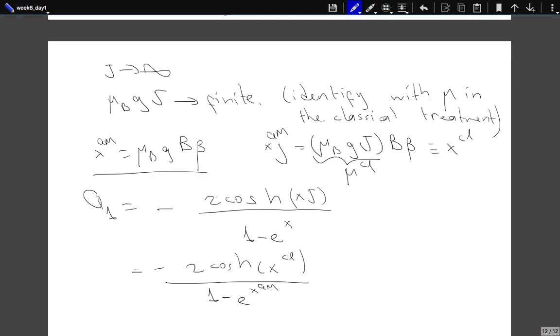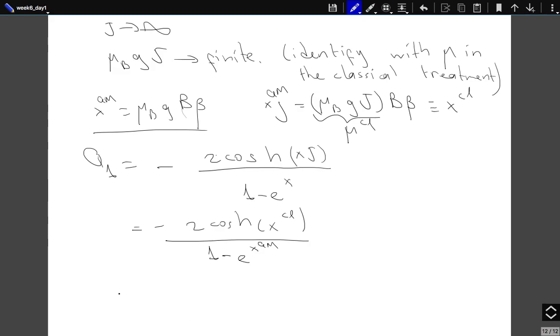The x parameter I define in the quantum mechanical treatment actually goes to 0. Nevertheless, I'm taking the infinite limit of J, but if I multiply the x quantum mechanical and J, what I obtain is just the classical value of the classically defined X parameter. Well, I should have probably included this definition of J in the quantum mechanical definition, but let's just keep it that way for the time being.